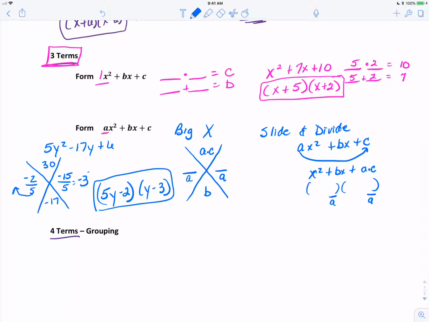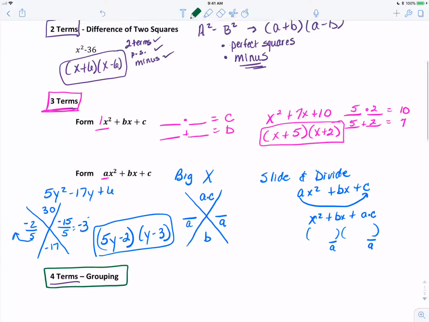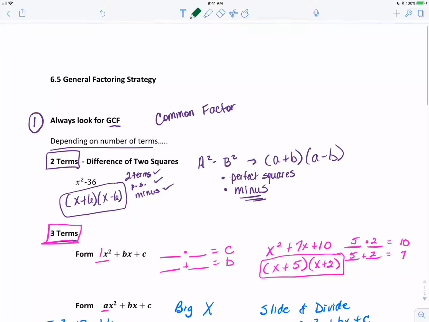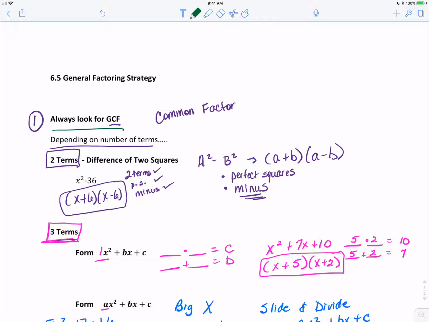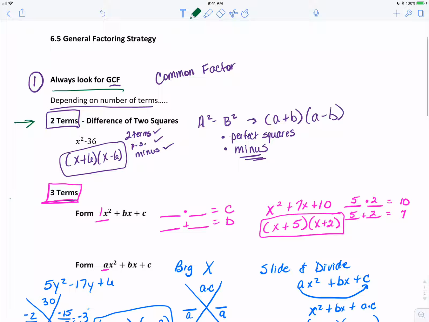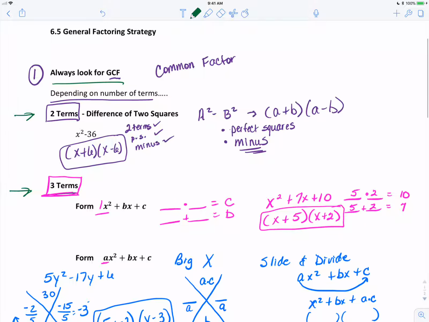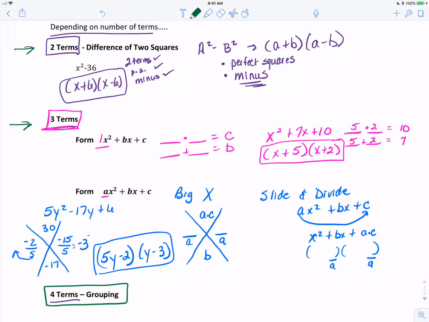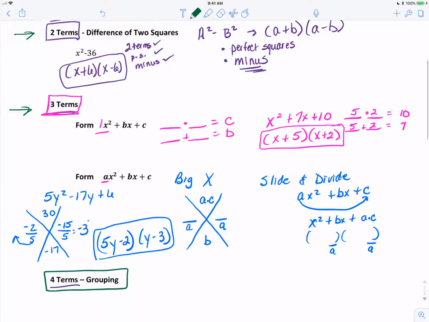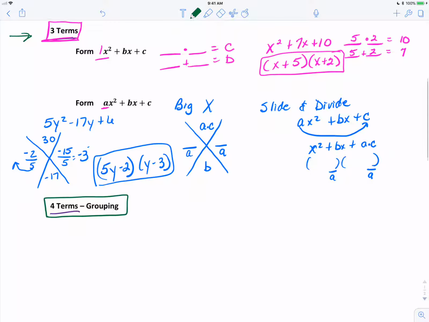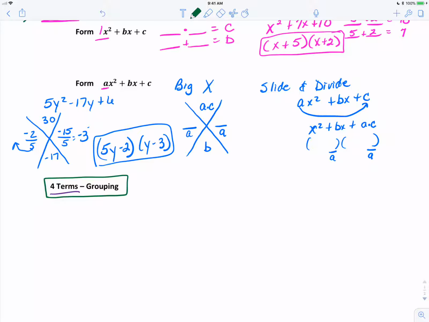All right, so then the last one was if it had 4 terms, which is actually the first one that we learned. Let's back up. First, GCF, right? 2 terms, you're looking at the difference of 2 squares. If it's got 3 terms, you're looking at factoring it using the big X, or using what times what is c that adds up to be b. The last one is your grouping. So remember how we did that?